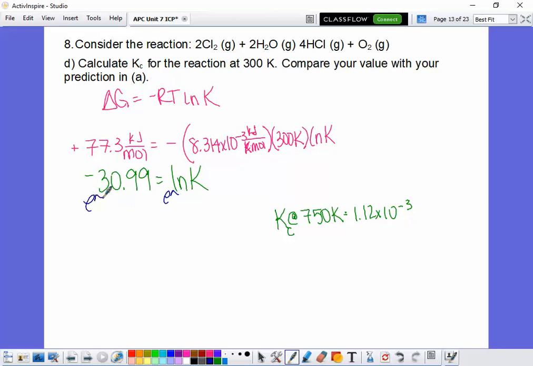Now before we solve for it, what did we predict that the K for 300 Kelvin would be in comparison to the K for 750? We predict it to be smaller. Kc at 300 should be smaller than 1.12 times 10 to the negative 3. That was our prediction. Okay. So now let's do the math to show that our prediction makes sense.